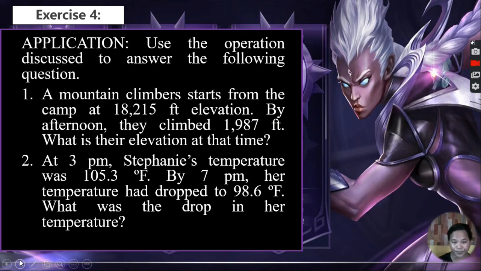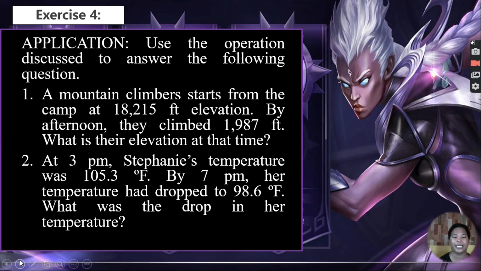In our exercises, the last one is the application: use the operation discussed to answer the following question. We're going to apply the operations of integers to solve these two problems.